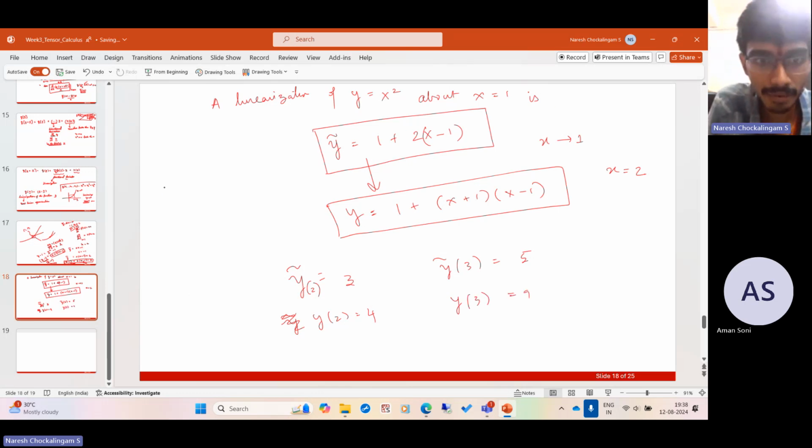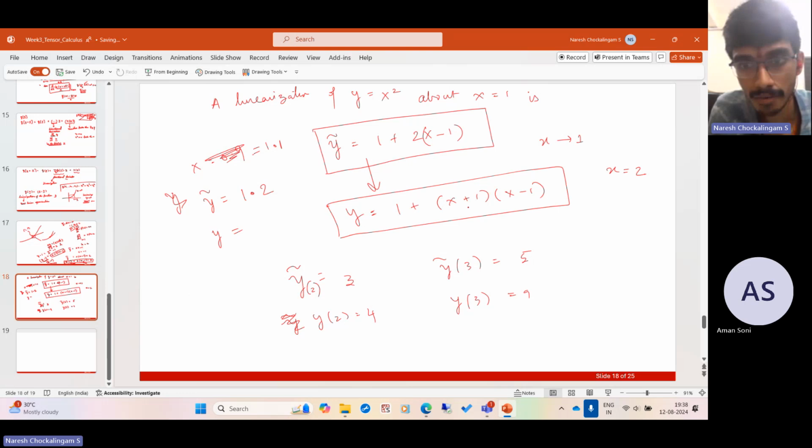But if you take x as, let's say, 1.1, which is very close to 1, then x minus 1 is 0.1, and y tilde takes the value 1.2.